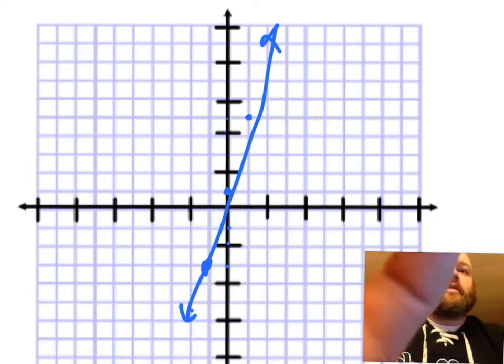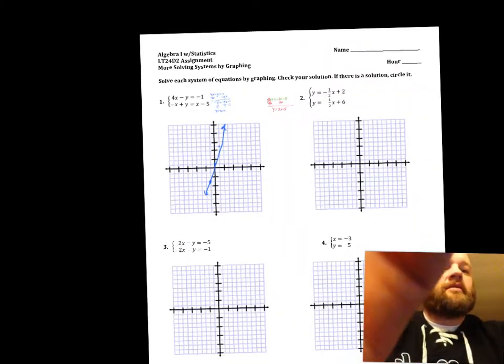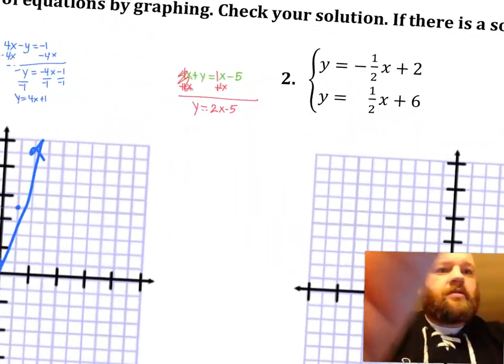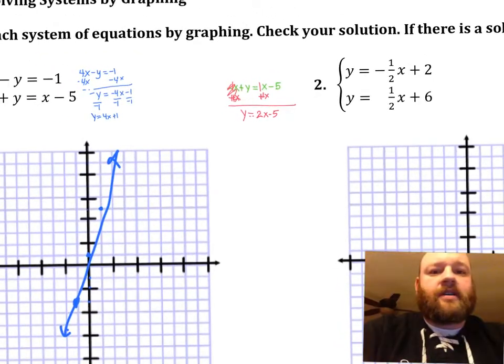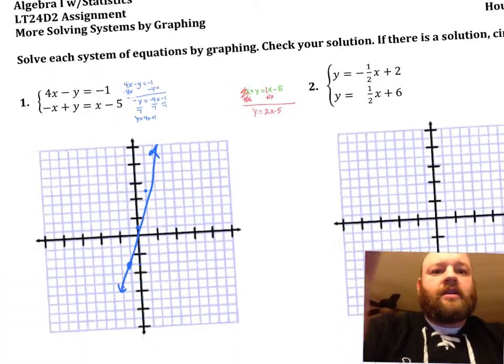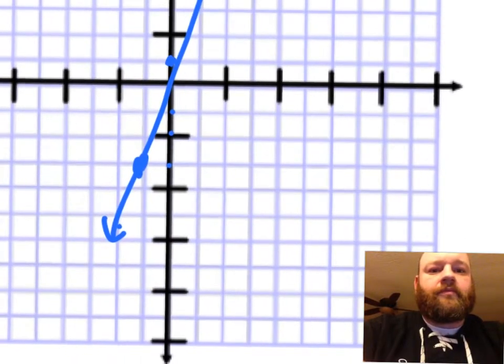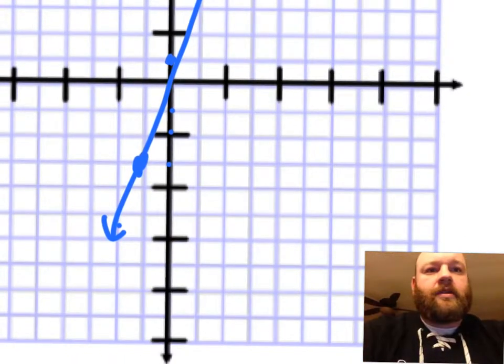Now we're going to graph the green line. Our equation of the green line was y equals 2x minus 5. So we start out at negative 5: 1, 2, 3, 4, 5. Then we go up 2, over 1, up 2, over 1, up 2, over 1.